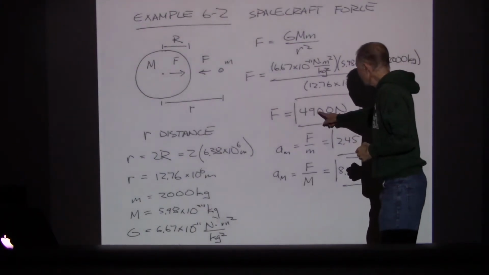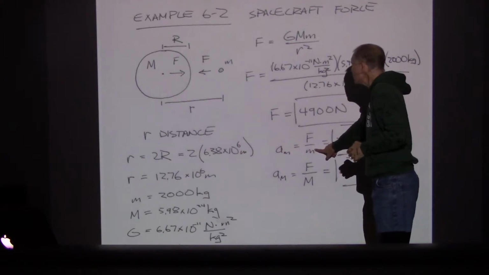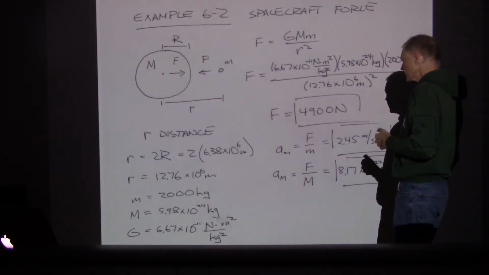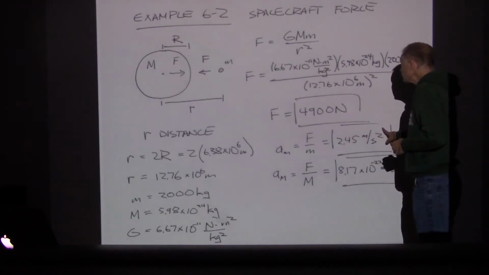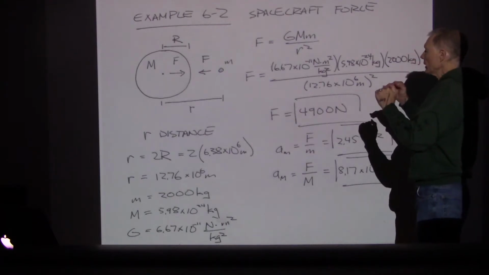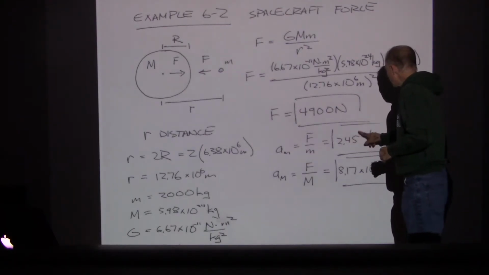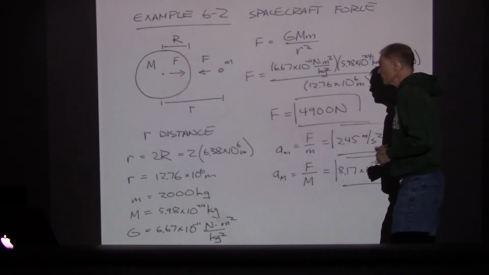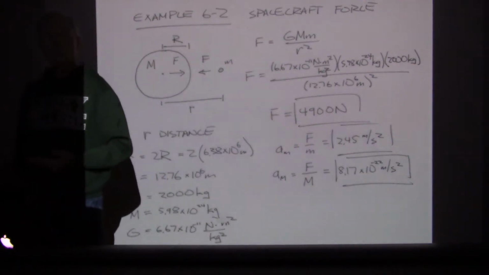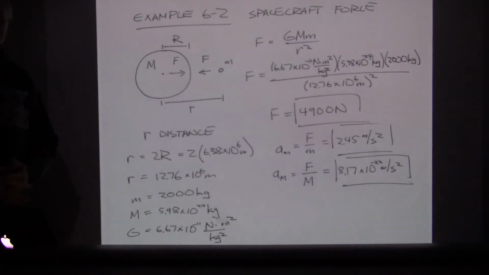And we can take that force, divide through by the mass. Now the mass of the satellite was 2,000 kilograms. And so the acceleration for the moon, 2.4, not for the moon, for the satellite, sorry, 2.45 meters per second squared. So now that reminds me of the gravitational field. And this is the gravitational field that Earth is providing at that location.